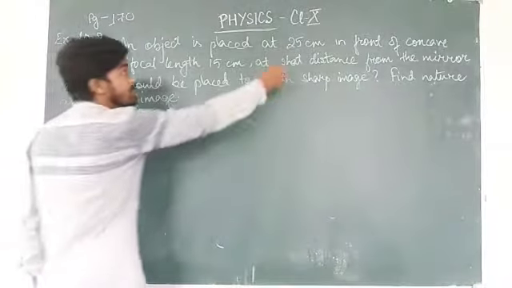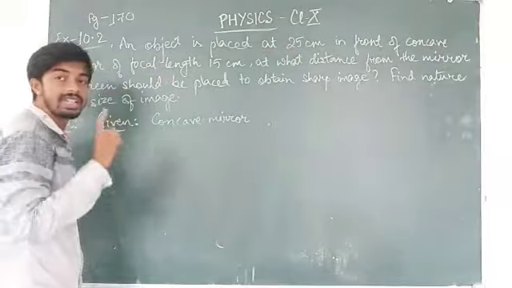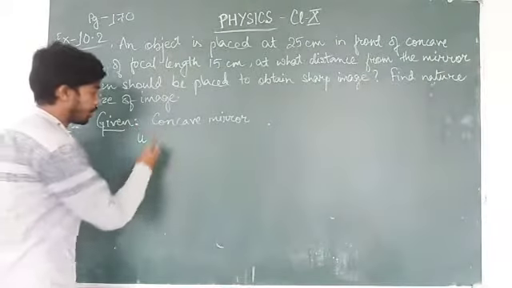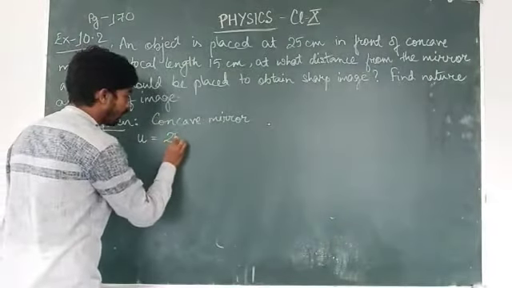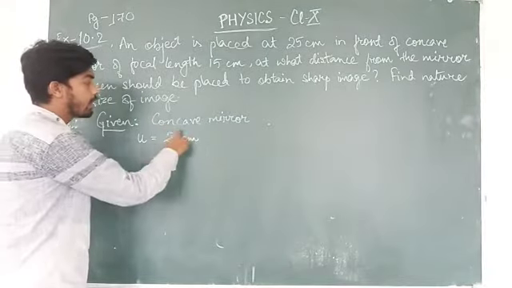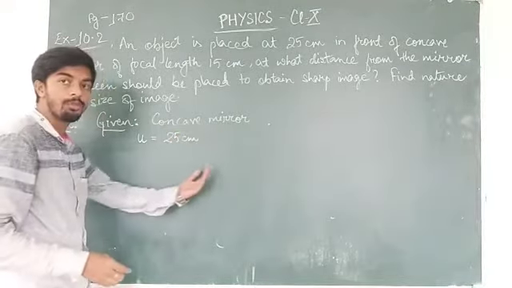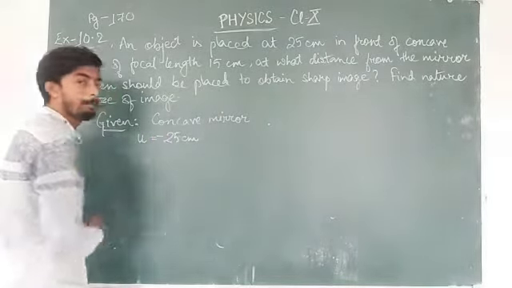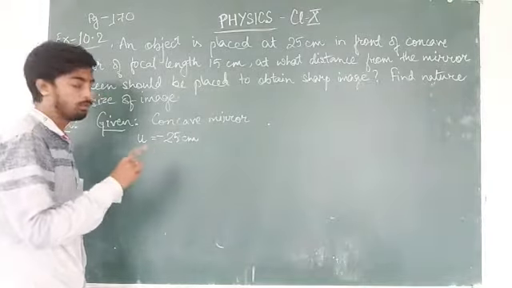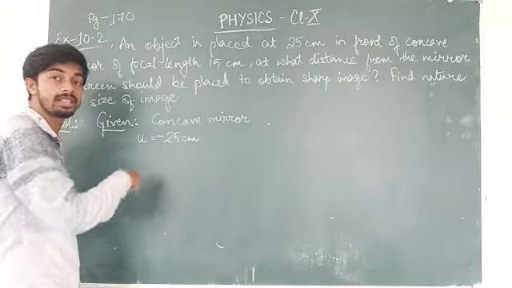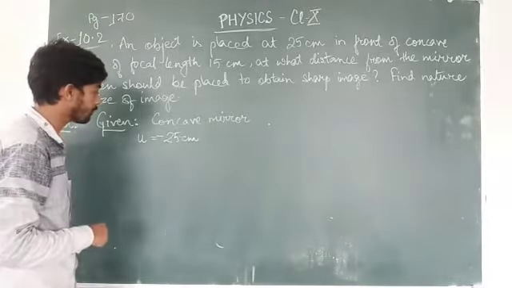That means this 25 cm is the object distance, u = 25 cm. Now, for a concave mirror, we know the object is always placed to the left, so this 25 will be minus. You will get this information in the previous video where I plotted these things according to a table.